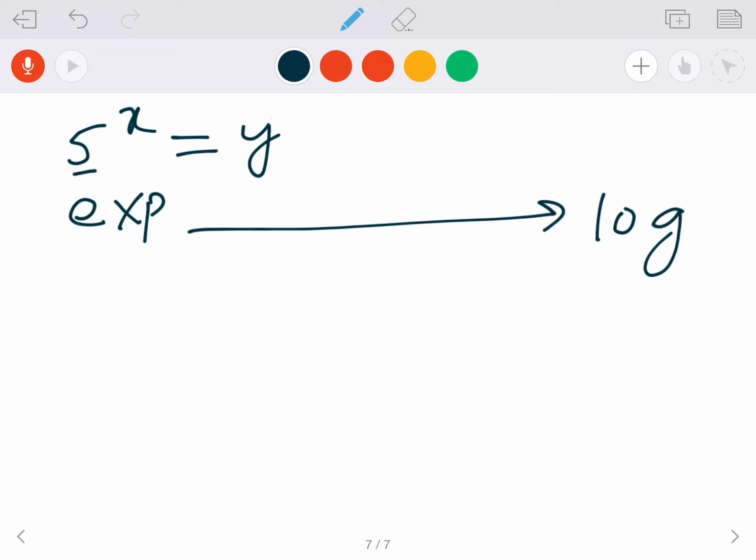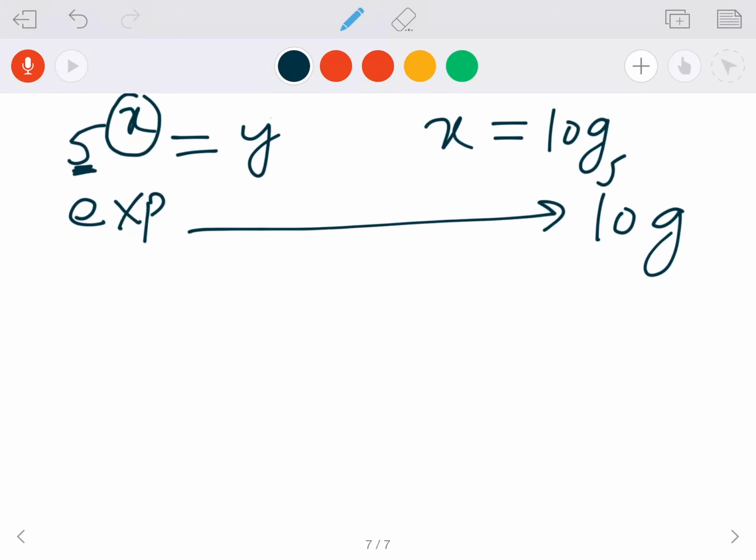All right. So the idea to change an exponential function to a log function is, whatever we have on the power, in this case x, so x equals, now since we're changing it to a log, we have to introduce log, and the base, the bottom number, is always the base of this exponential, which is 5.